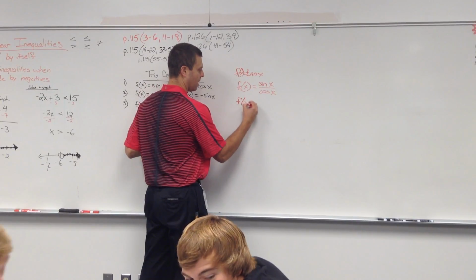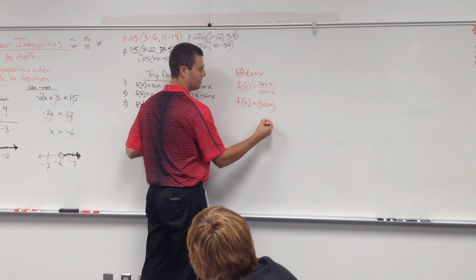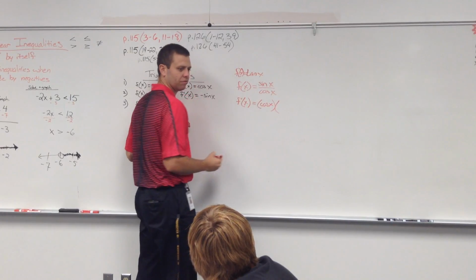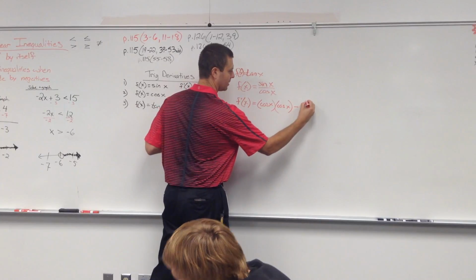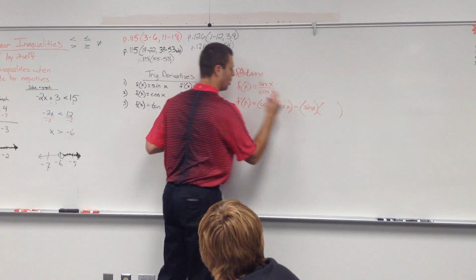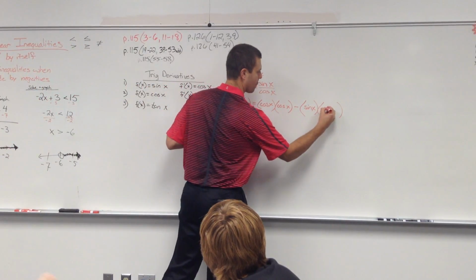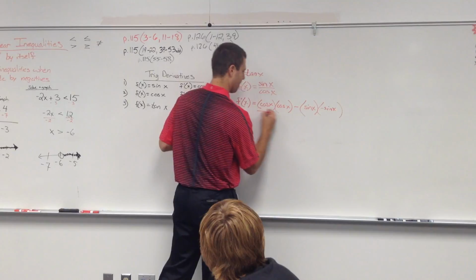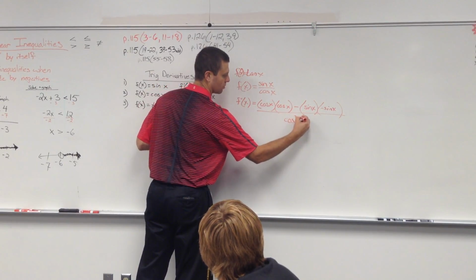So f prime of x will equal low d high, what's the derivative of sine? Cosine. Minus high d low, what's the derivative of cosine? Negative sine. All over the square of what's below, so cosine squared x.